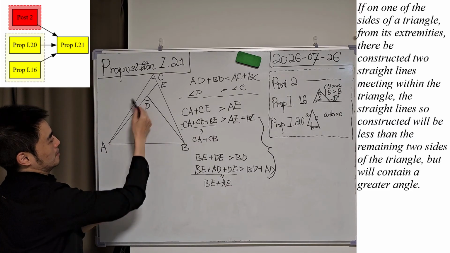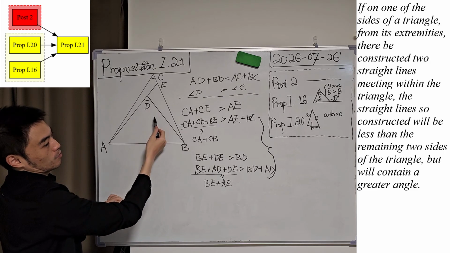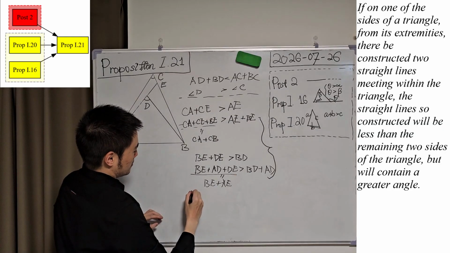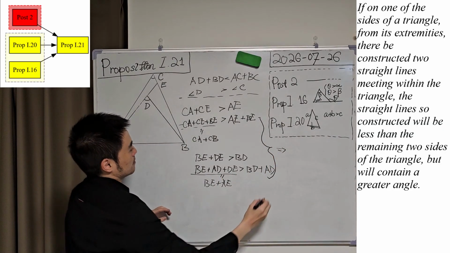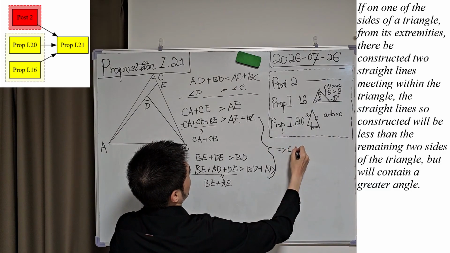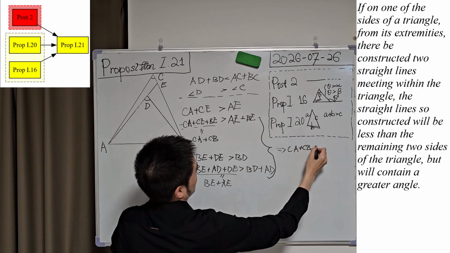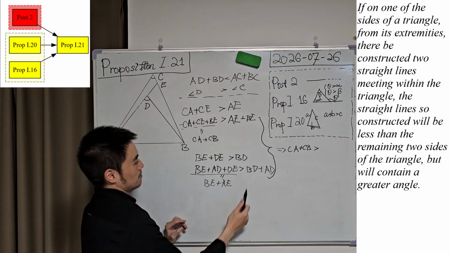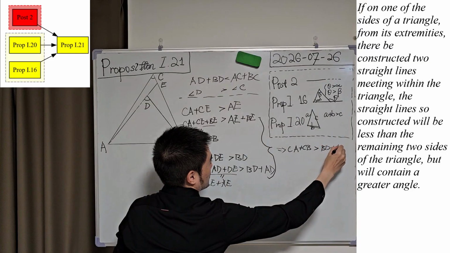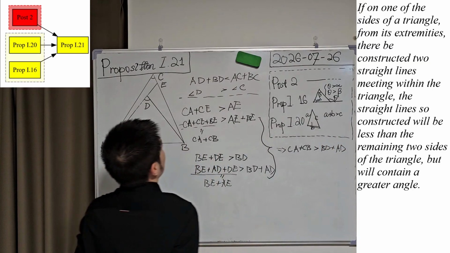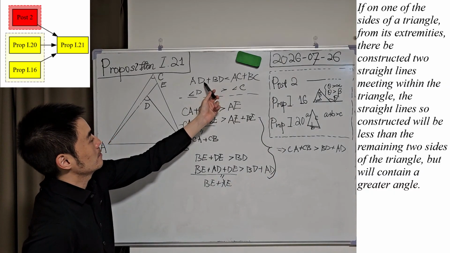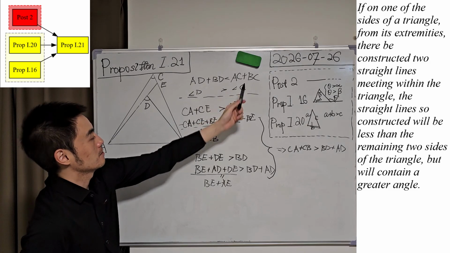BD plus AD is here, these are the two straight lines we constructed. So combining them, we can say that CA plus CB is greater than BD plus AD, which proves our first statement. So this is smaller than that, right?